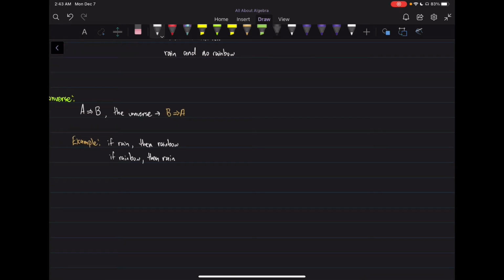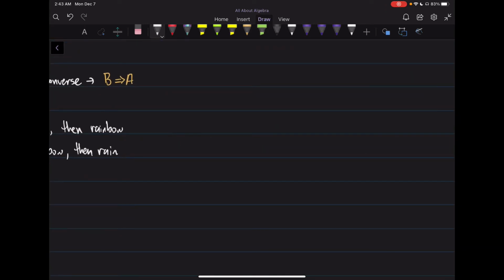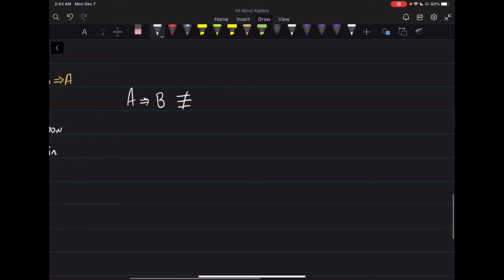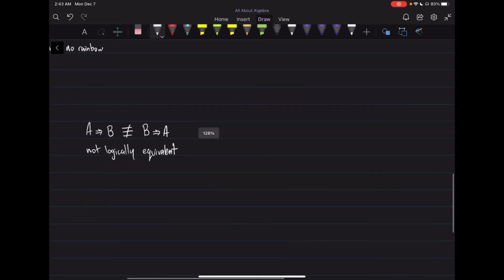Now, one thing we must keep in mind. A implies B is not necessarily logically equivalent to B implies A. And you might say, why? They're the same statements. It's the same type of idea.